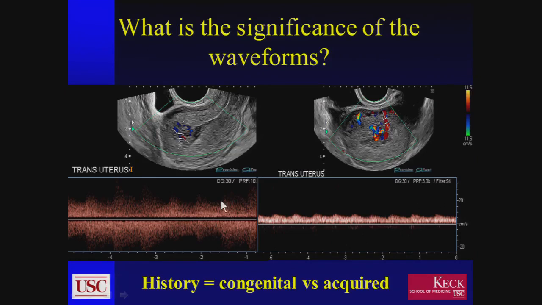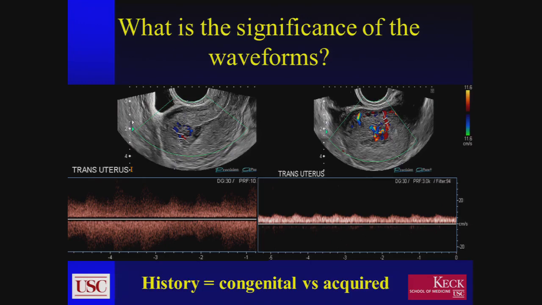When we put the spectral Doppler onto this area, you can see there was this kind of bidirectional, very, very low resistance flow. And in these draining veins, you can see that there is arterialization. So what we're dealing with in this particular case is a classic example of an AVF of the uterus.